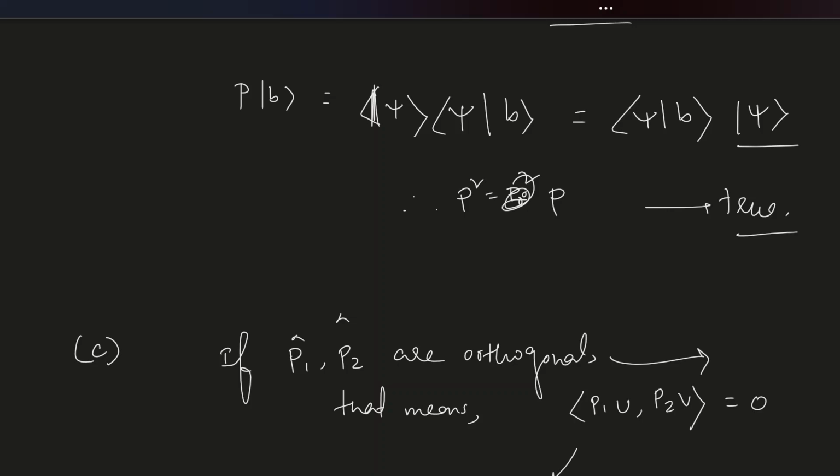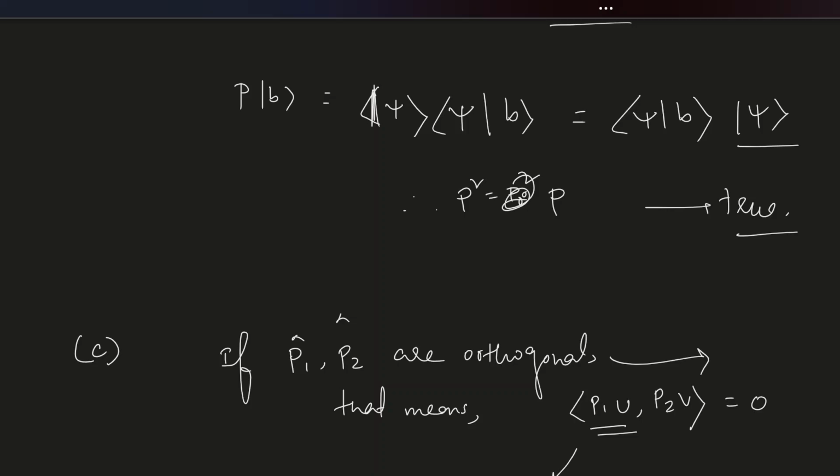This is your LHS. Because when you take P1 out of the ket, you take it to the other side as P1 dagger. And you know that because they are individually projection operators, P1 dagger equal to P1 and P2 dagger is equal to P2.